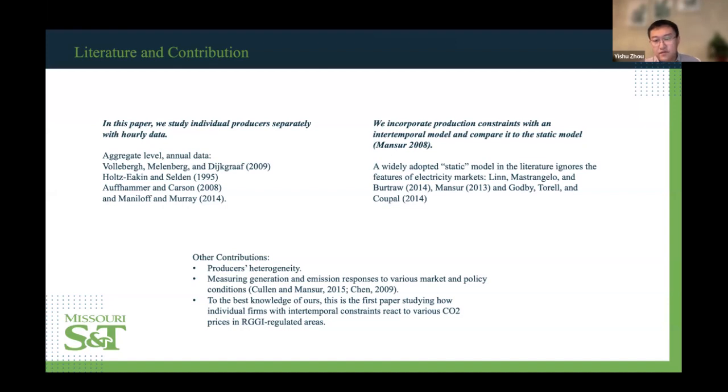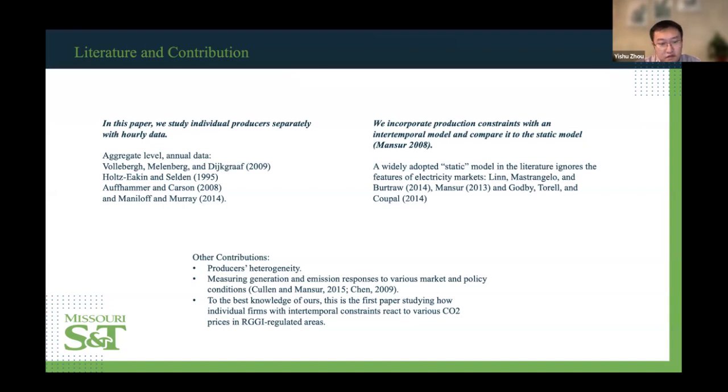variables in the production that cannot be observed or are overlooked in annual data, which are the intertemporal constraints in production. We compare the intertemporal model to the classic static model to see the difference.